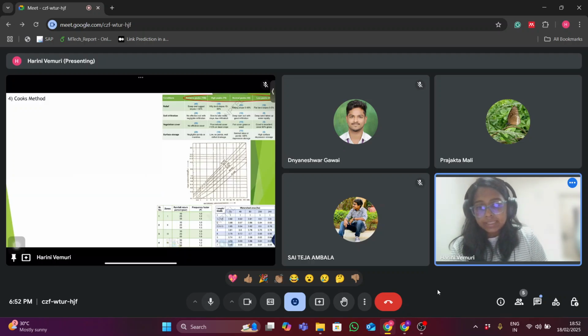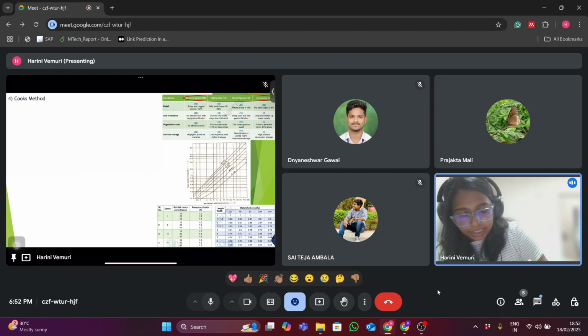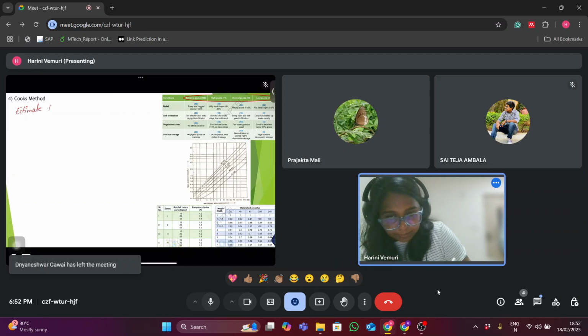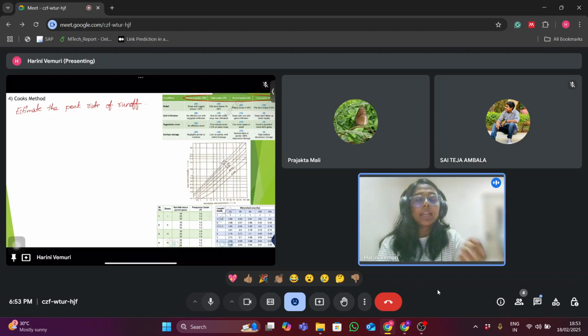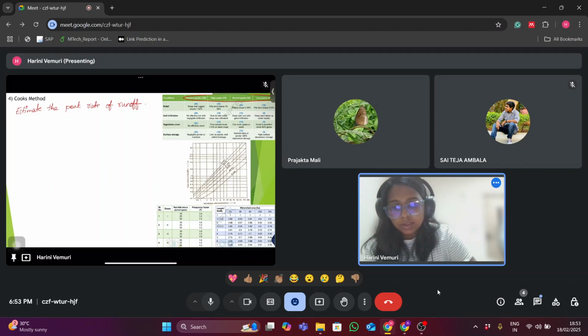So in Cook's method, we will generally estimate the peak rate of runoff. Okay, till now we have discussed estimating the volume of runoff, but in case of Cook's method, we will be evaluating the peak runoff rate.